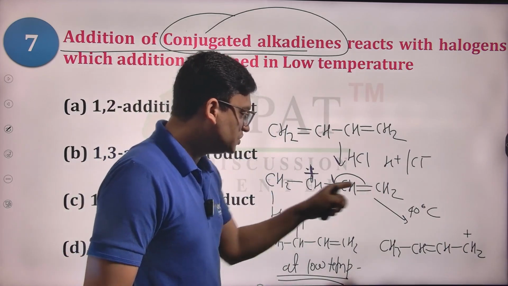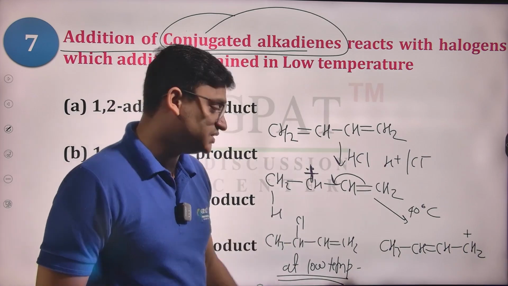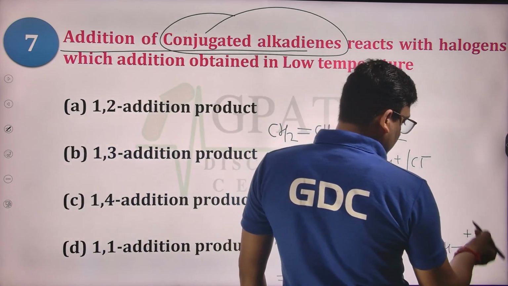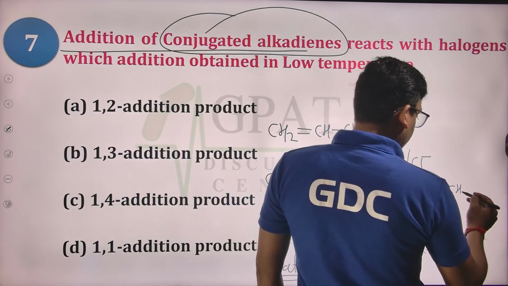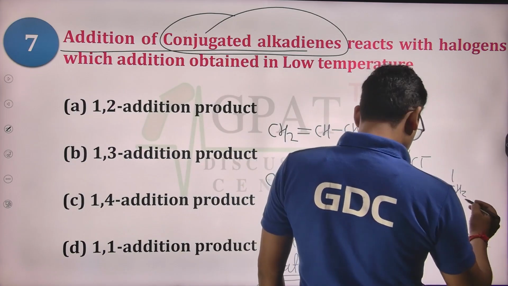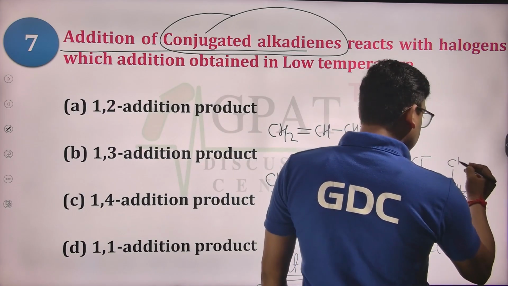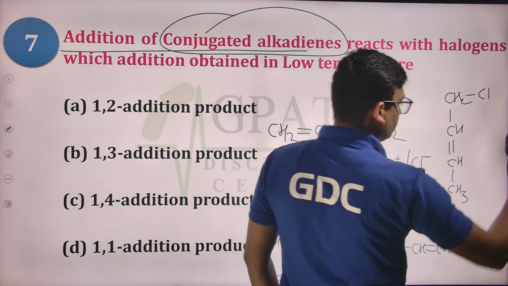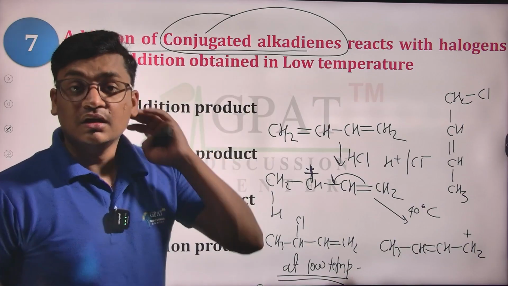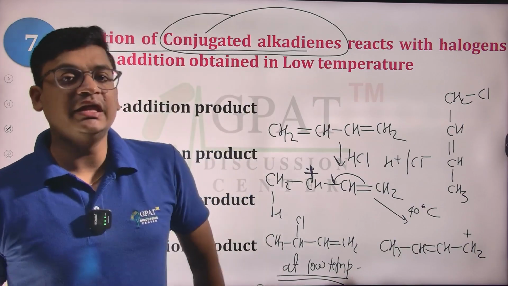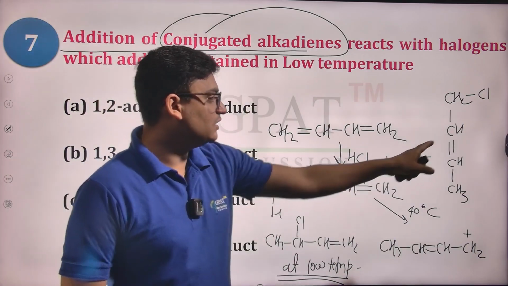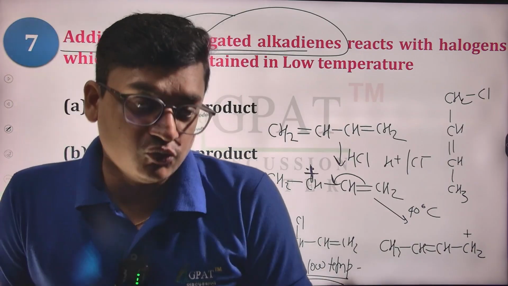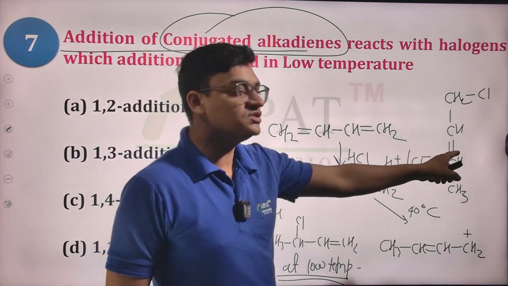Since conjugation is possible here, Cl will be attacking this positively charged position, making CH3, CH double bond CH, CH2Cl. We are having an alkene as our product here, and here also we are having an alkene. An alkene having a greater number of alpha hydrogens is more stabilized. Thermodynamically, this product is more stable.